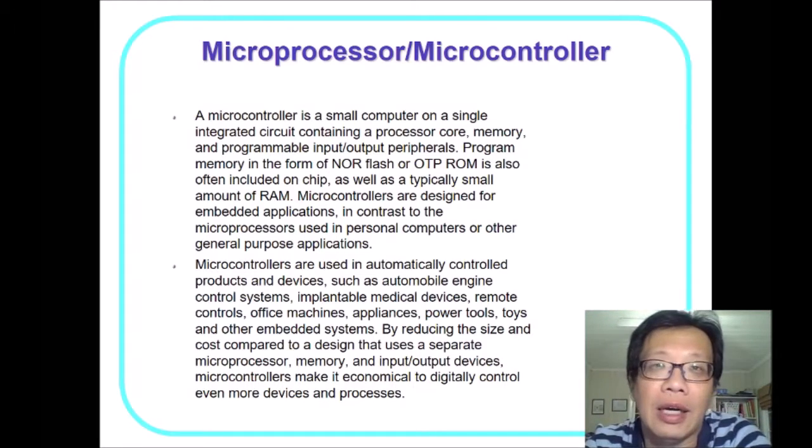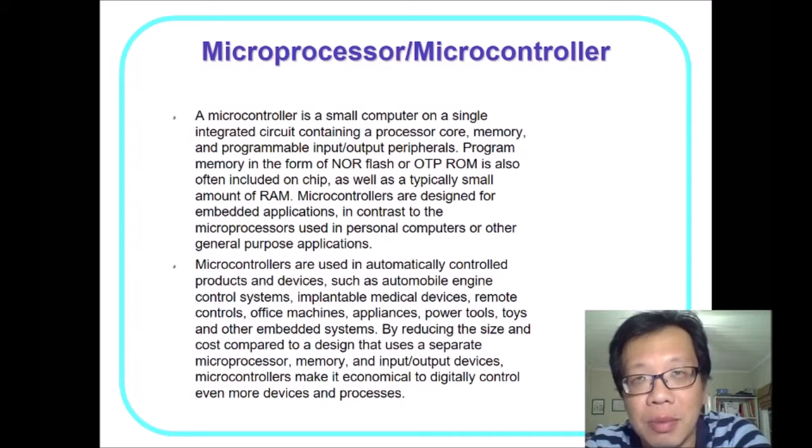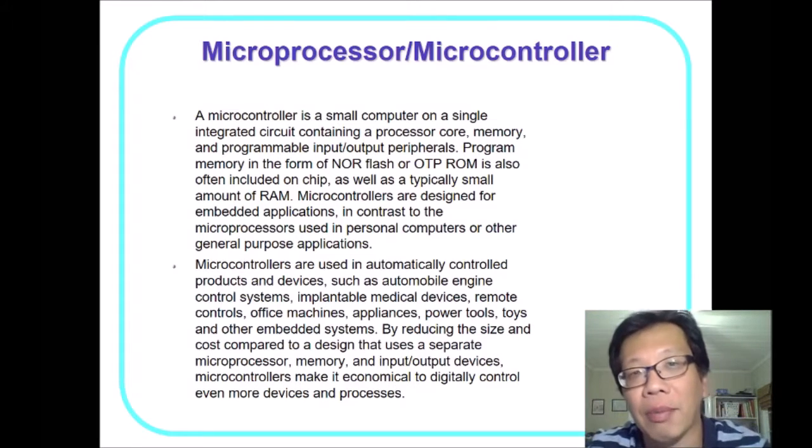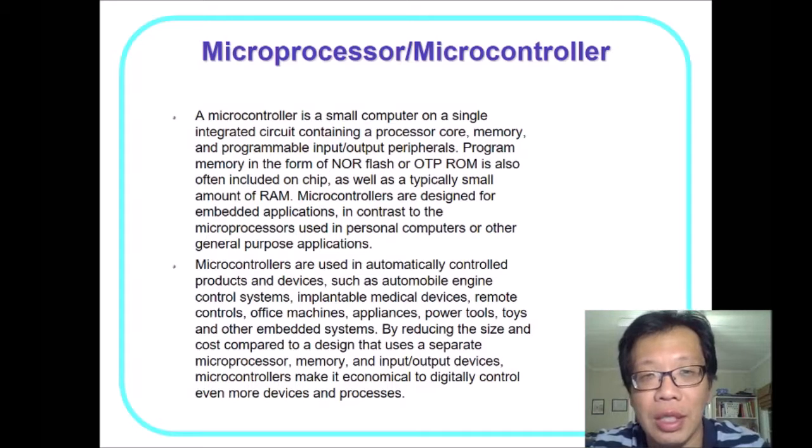So we can use this board to get information from external devices by getting input signals, and we can also send out signals to, let's say, motors or solenoids, so that the external environment can actually be controlled by those microprocessors or microcontrollers.